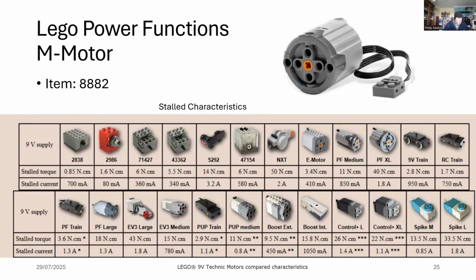And there's also the Power Functions XL motor. So the actual diagram here is for the Power Functions XL. And this Lego enthusiast has actually measured the power output in terms of torque. And it's the stalled torque that we're talking about here in Newton centimeters.